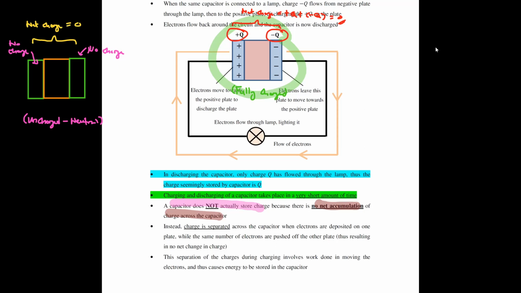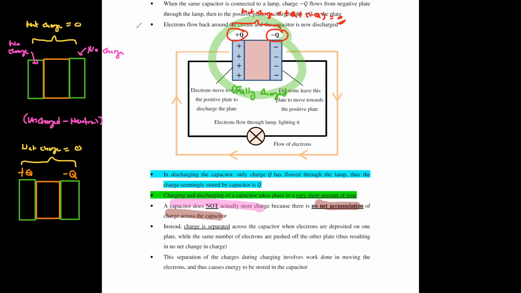But what happens when you start to fully charge your capacitor? When you fully charge it, as I mentioned just now, one plate will become positive Q and one plate will become negative Q. So in this case, you have negative Q here and positive Q here. But when you look at the net charge across the whole capacitor, your net charge, again, really is 0.